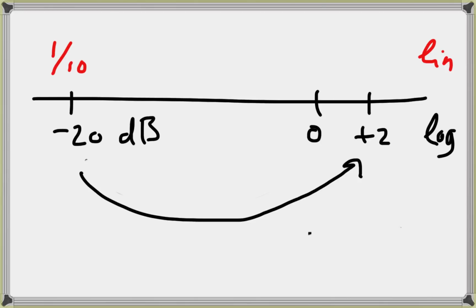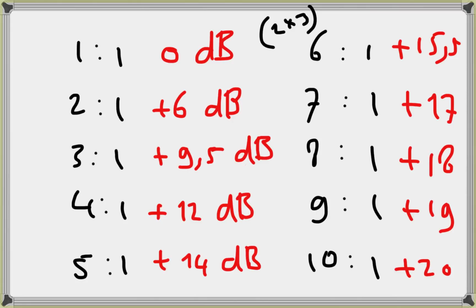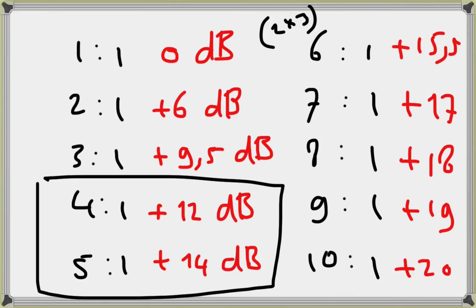Well, those values are separated even further. But the question becomes, what is plus 2 dB expressed as a fraction? Well, maybe I can extract that from the table that I made. Notice that over here we have two values that I'm singling out. A 4/1 ratio is a 12 dB increment, whereas a 5/1 ratio is a 14 dB increment. And the relative difference between 12 and 14 decibels is the 2 dB that I'm looking for.